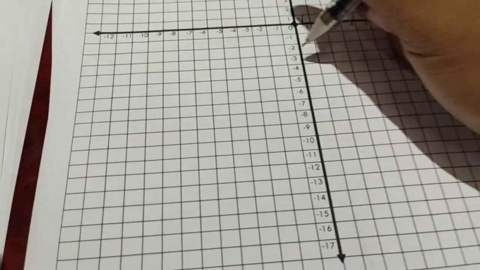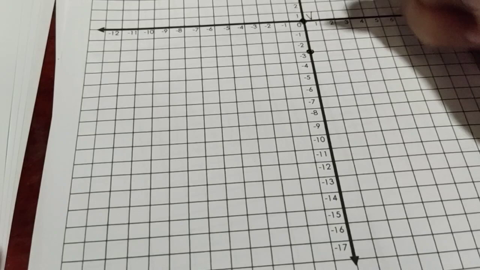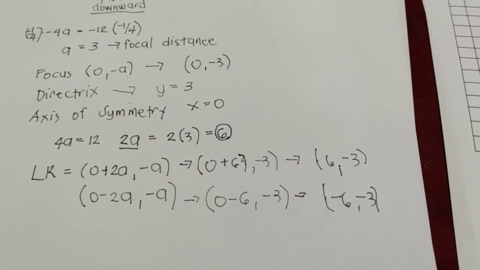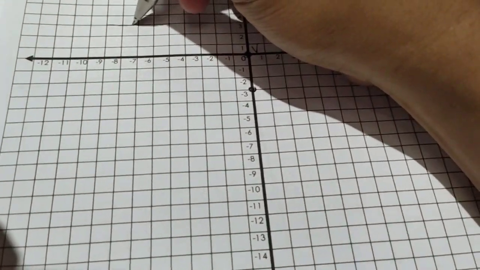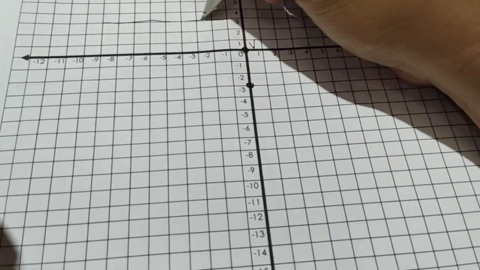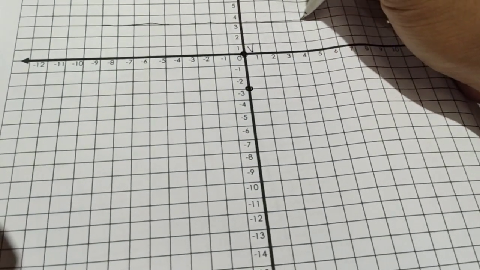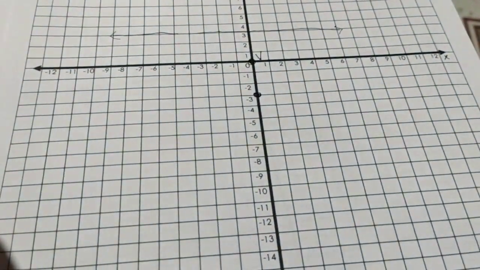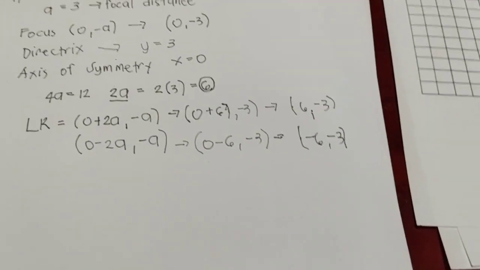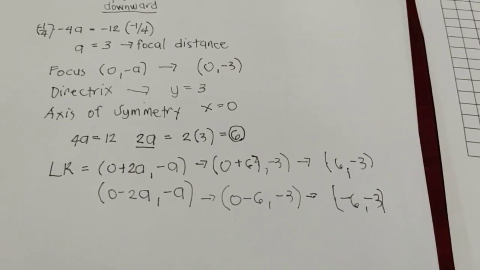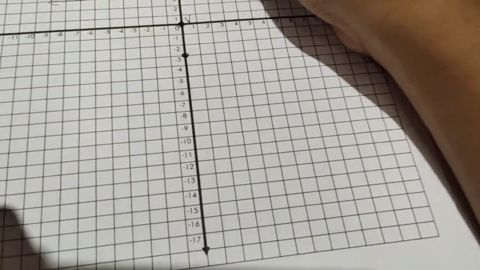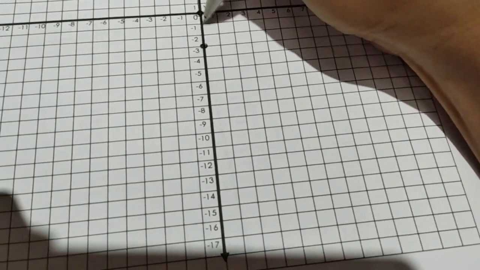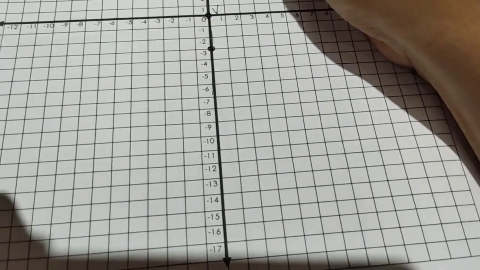And the line of directrix is y is equal to 3. And then the axis of symmetry is x is equal to 0. So the axis of symmetry is this line.